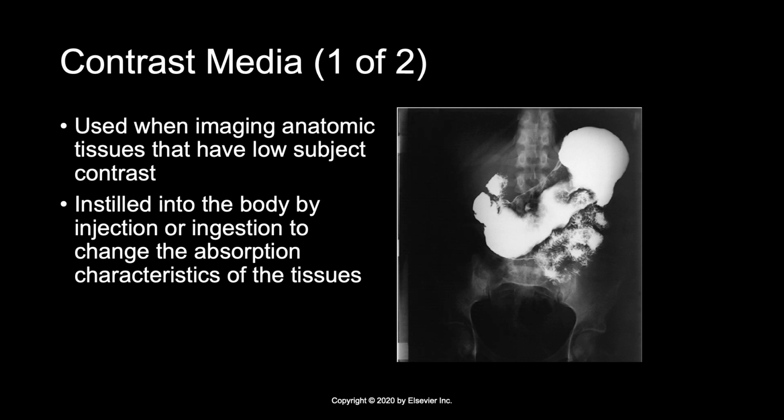The positive contrast media studies require an increase in exposure factors compared with imaging the same part without contrast. So the use of a contrast agent is an effective method of increasing the subject contrast when imaging areas that have a low subject contrast without the contrast media.